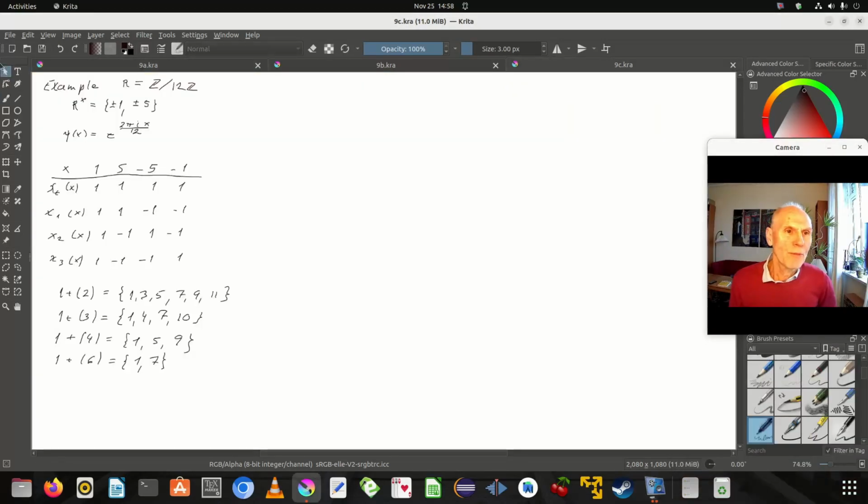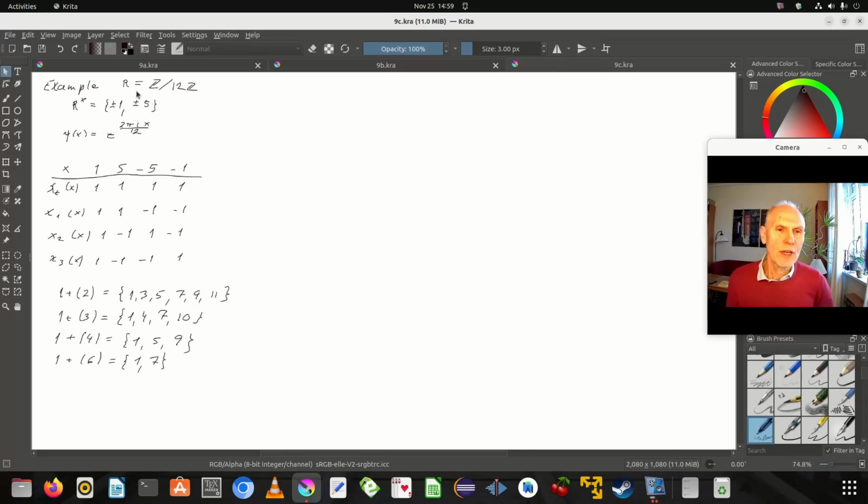So we work with the integers modulo 12, the multiplicative group, and as the additive character we use the standard one. And on the multiplicative group, I can see there are 4 characters.